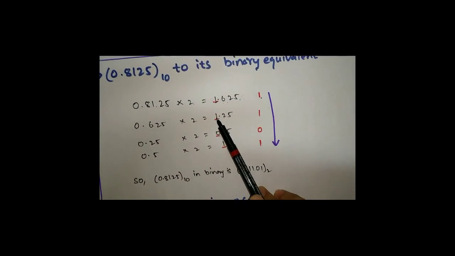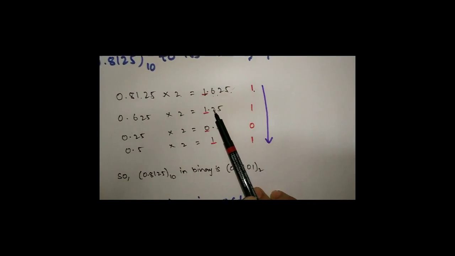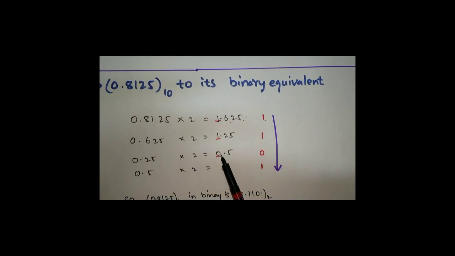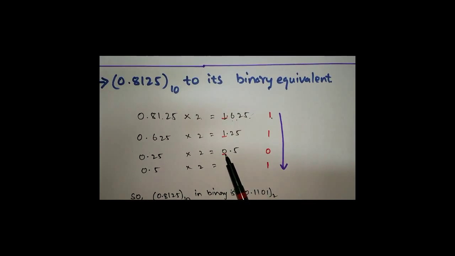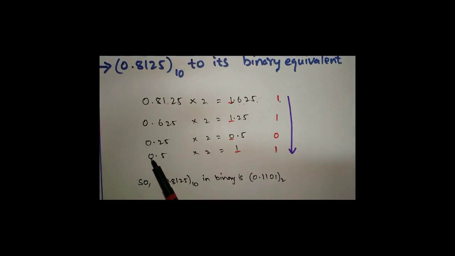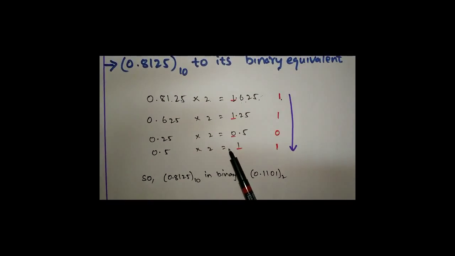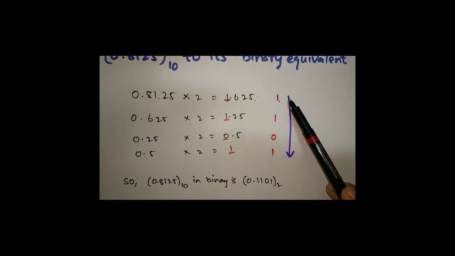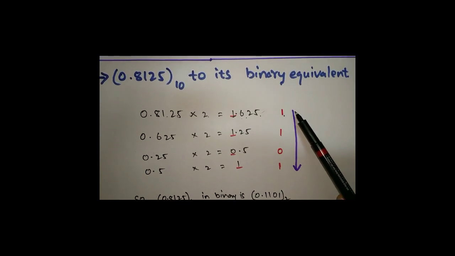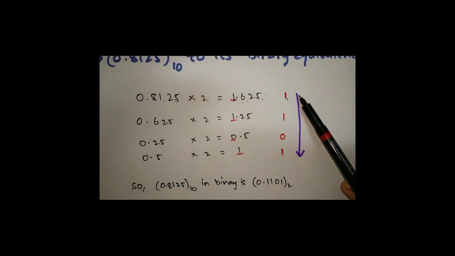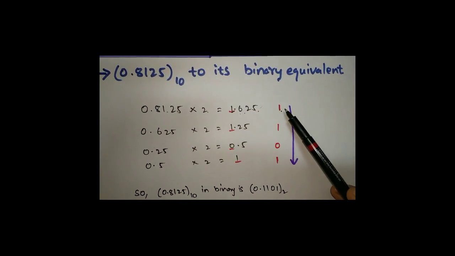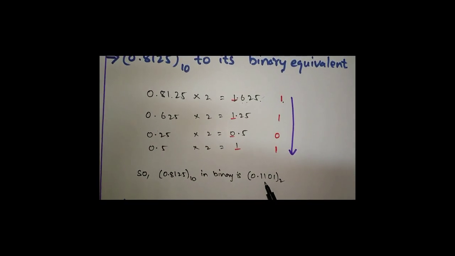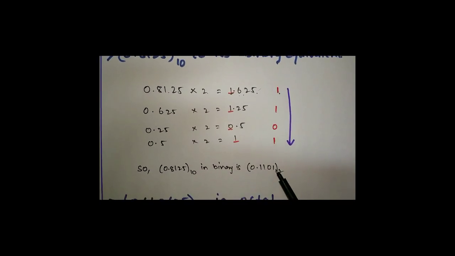Again we take 1 and keep it here, and we take 0.25 into 2, where we get 0.5, so 0 will be written here, and next one 0.5 into 2 equal to 1, so 1. In the division method we went from down to up, but here we go from top to down, so 1101. So the final answer is 0.1101 to the base 2.